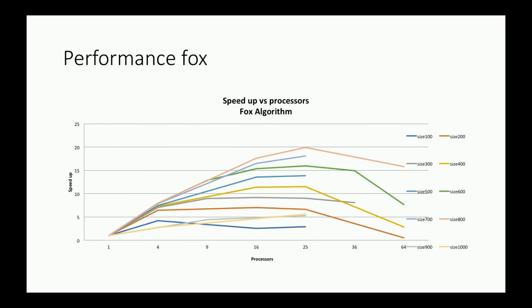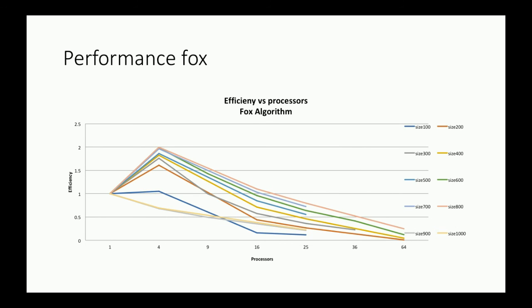That could be because the communication between the processors needs more time to send back the information. For efficiency, we observe that the values are over 1, with a max value of 2. We have a peak with 4 processors. After that, we observe a decreasing behavior.